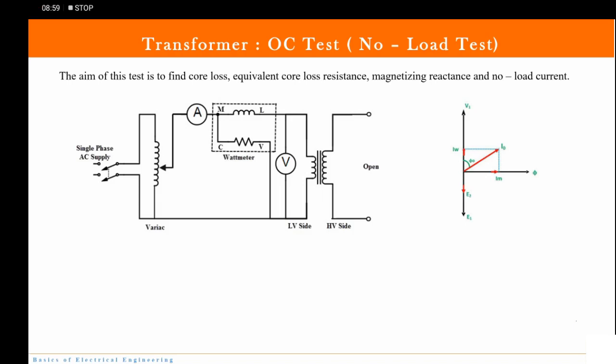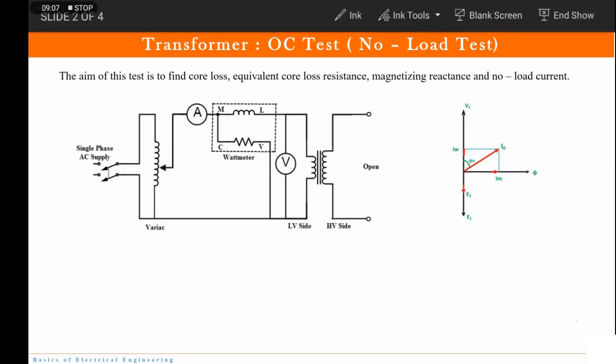So this is how the phasor diagram looks. Now the same phasor diagram was discussed under no load condition also, so we will not be discussing it in detail. This is the flux which is set up by the application of the primary voltage. Now this flux is lagging with respect to V1 by 90 degrees.